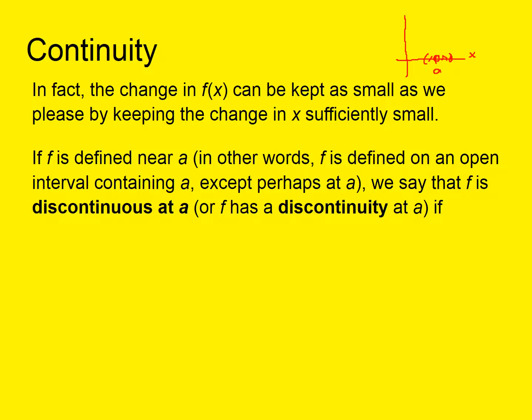We say that f is discontinuous at a, or f has a discontinuity at a, if f is not continuous at a. So not being continuous, we call that being discontinuous.